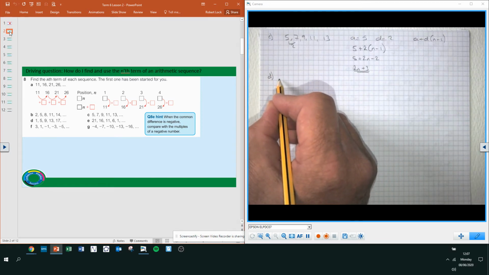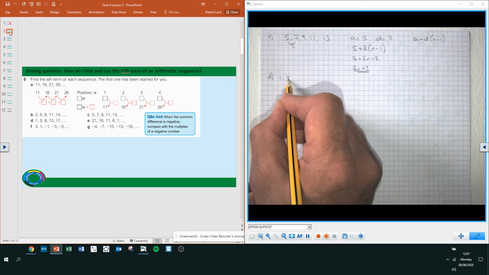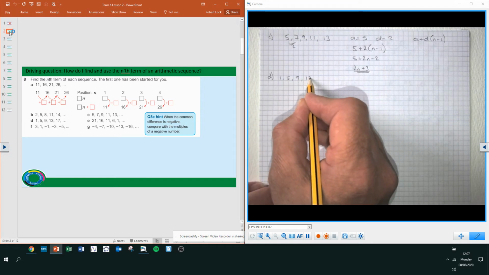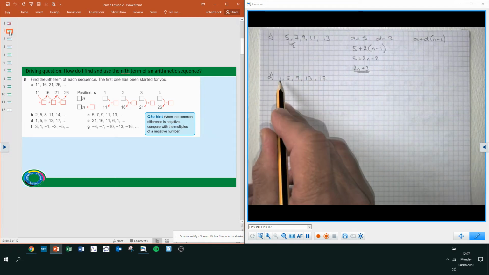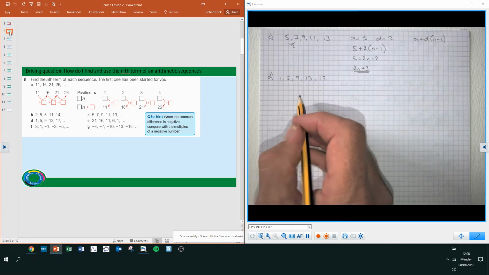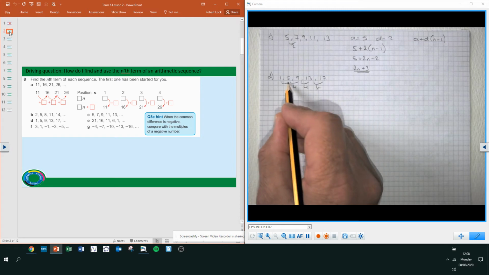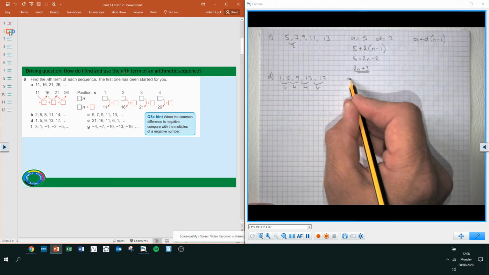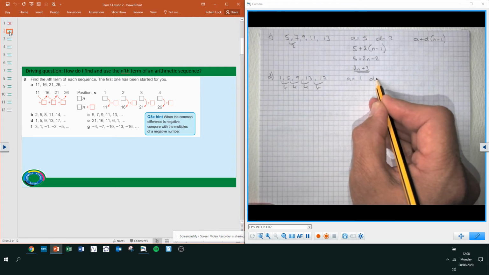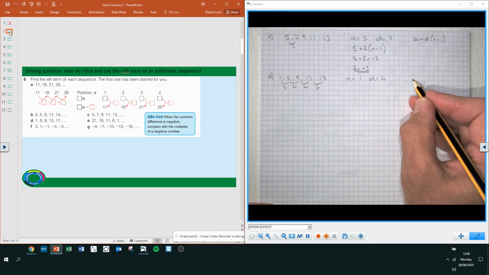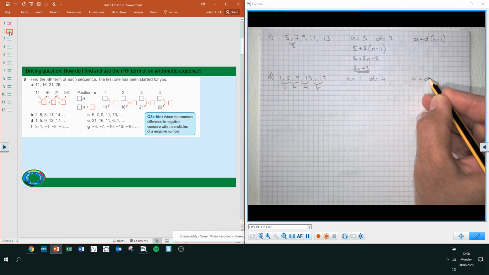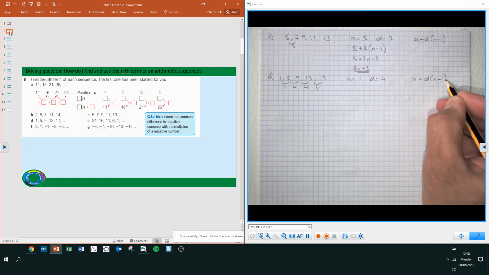D. 1, 5, 9, 13, 17. Difference each time is 4. So A equals 1, D equals 4. Using A plus D bracket n minus 1 bracket.